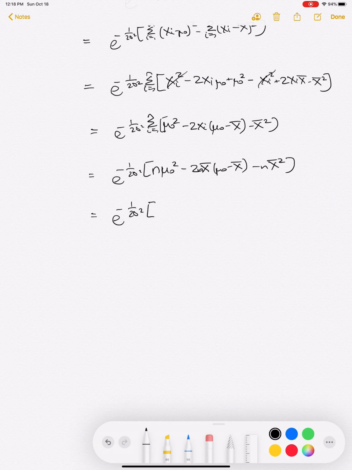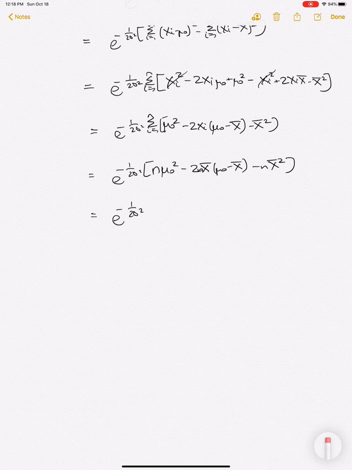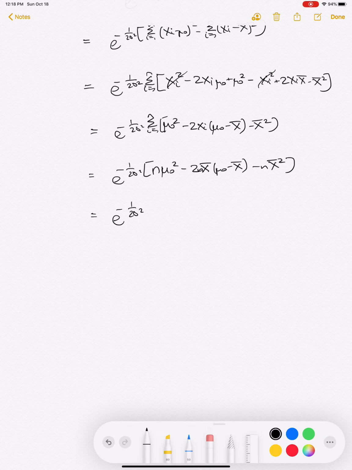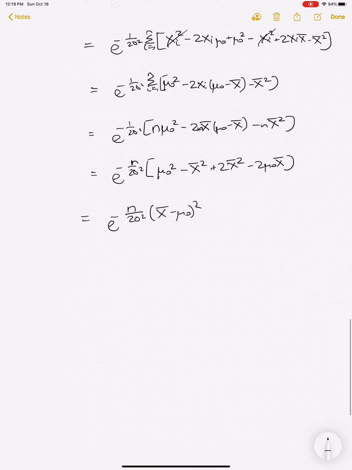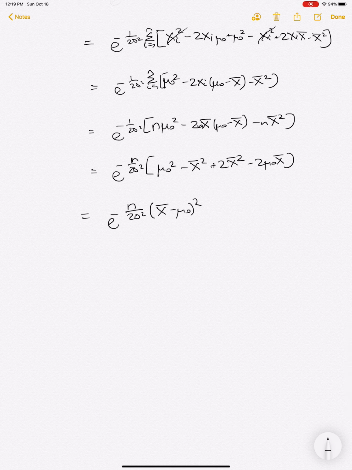So we can bring out the factor of n. It works out nicely to look exactly like x bar minus mu 0 squared.